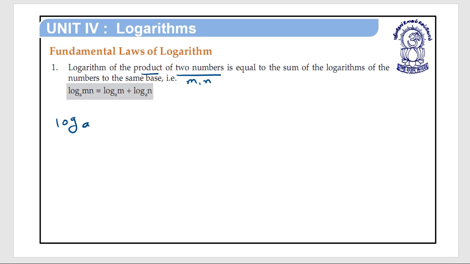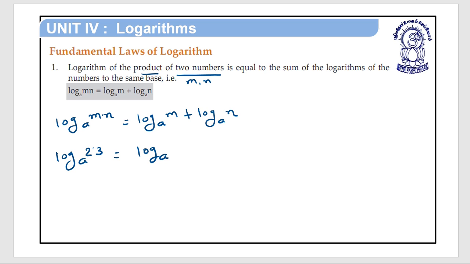So log a of m into n is equal to log a m plus log a n. Here log a of 2 into 3, for example, we can take 2 and 3 for m and n, is equal to log 2 plus log 3, with the base a the same.